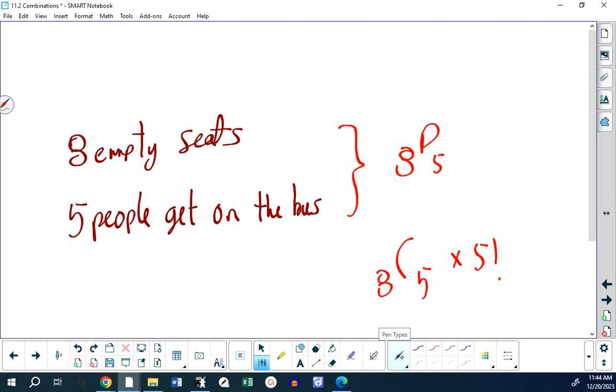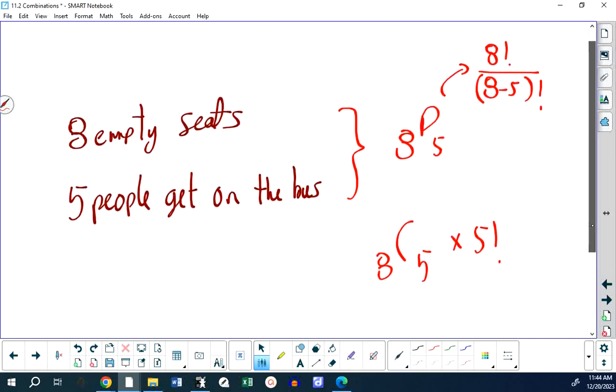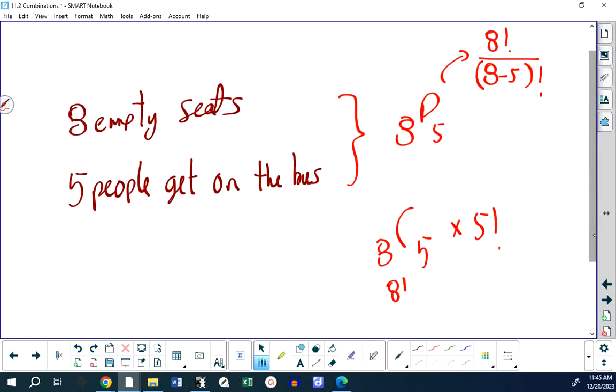That will give you the same, because this is 8 factorial over 8 minus 5 factorial, 5 factorial. So the 5 factorials cancel. I think it's easier to talk about filling seats by choosing the seats first and then arranging the people.